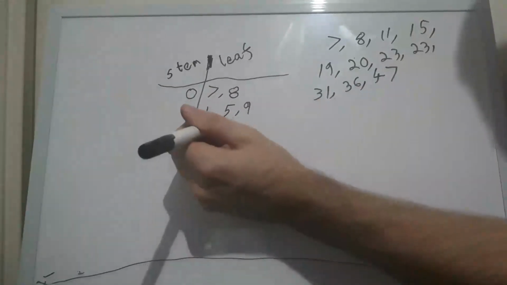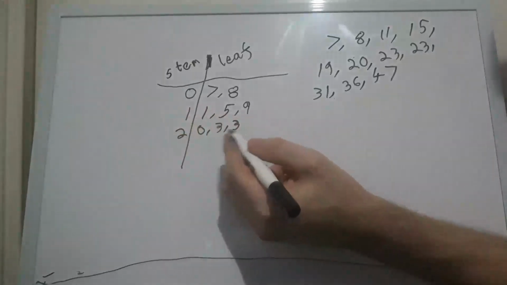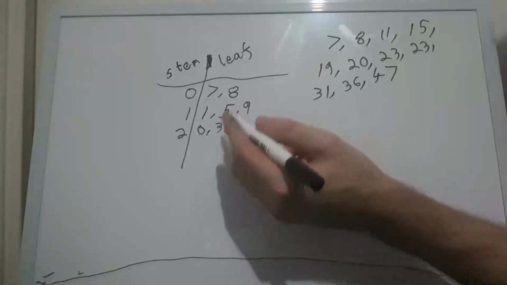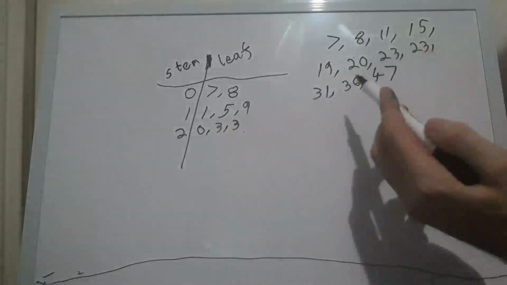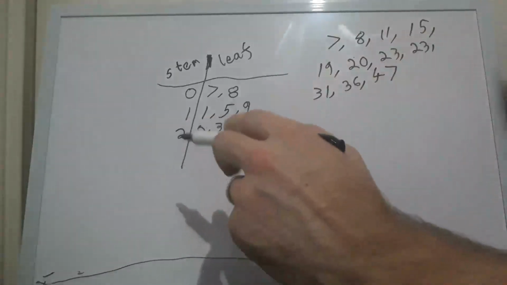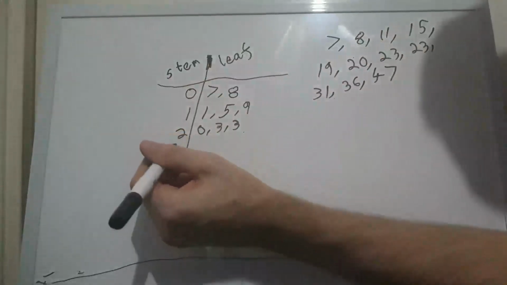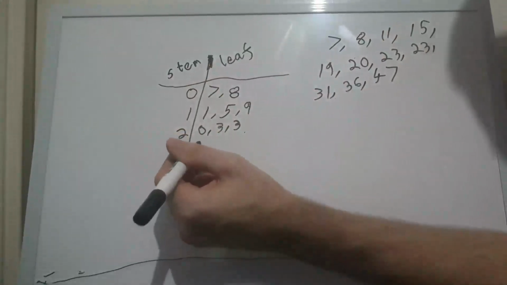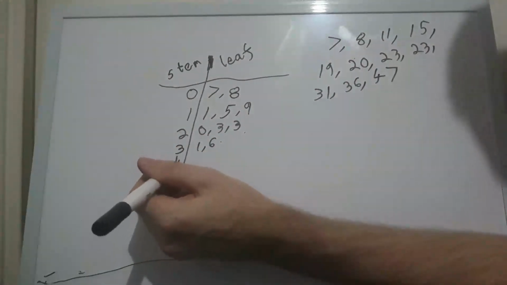So 20, 23, 23 again, so we write the 3 twice here, because this is 2 separate numbers. It's the same value that appears twice, but they are 2 different numbers. I hope that makes sense. I'm going to get myself in a circular loop if I think about it too hard. And, of course, we have 31, 36, and 47.